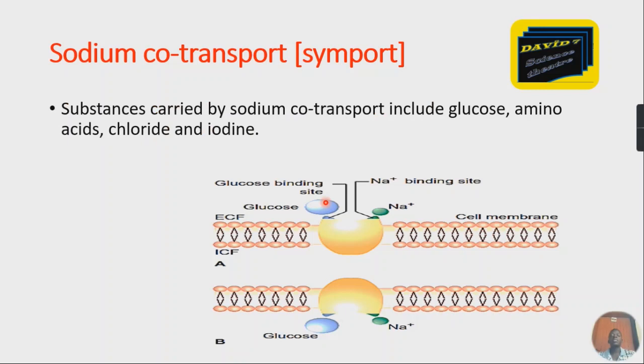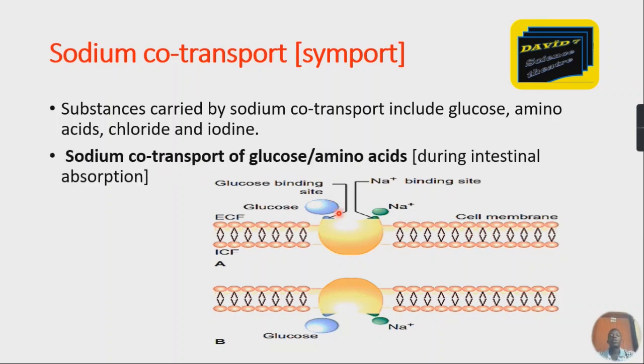Okay, so substances carried by sodium co-transport include glucose, amino acids, chloride, and iodine. Recall when I was talking about the sodium iodine symporter, that is used for iodine trapping in the thyroid gland, where they are synthesizing thyroid hormones. So this pump also works there.